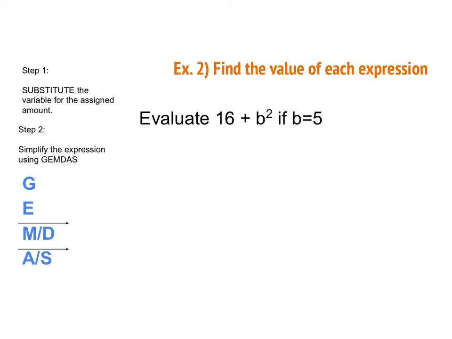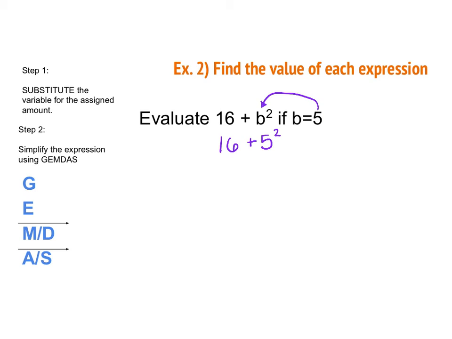So for example 2, what we're going to do is find the value of each expression. So how to do that, the first step is to substitute the amount. That means if we have 16 plus b squared and b equals 5, we're going to plug in or substitute b for 5. So where I see the b, I'm going to put a 5. So I put everything else the same, 16 plus, instead of b, I'm going to put 5 squared.